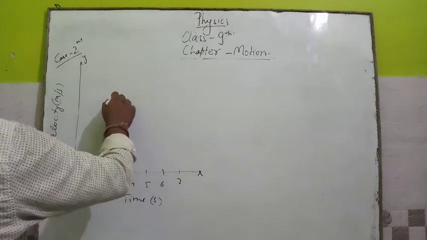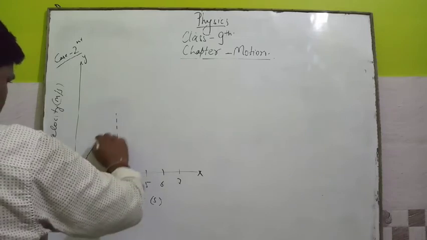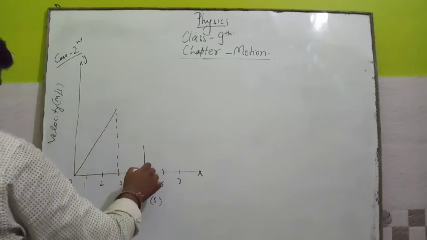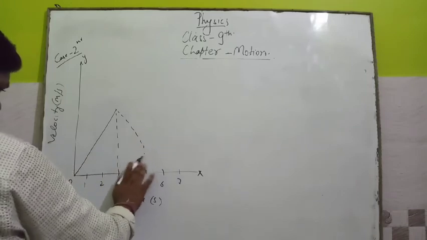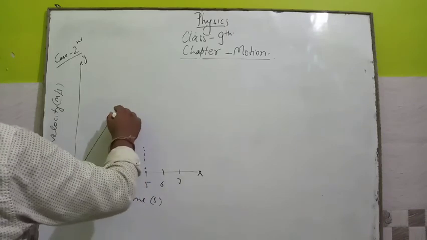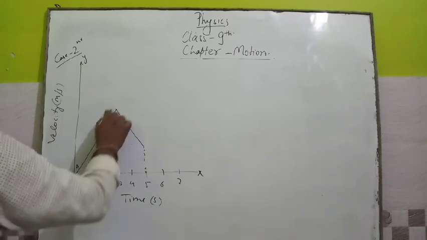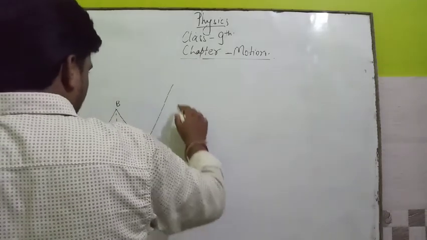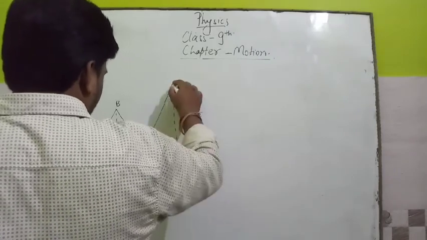At some instant, the graph is like this. First, from the origin it goes up to here, and after that the velocity decreases after 2 seconds. The velocity decreases, this point A, B. After decreasing, it again increases over the next 2 seconds, and again decreases.